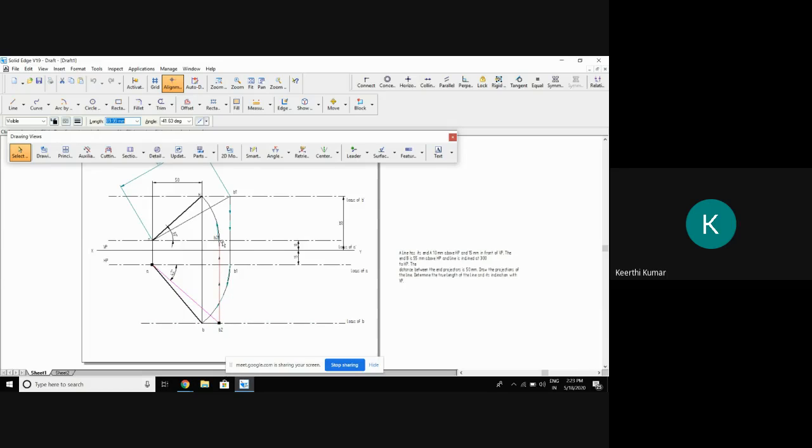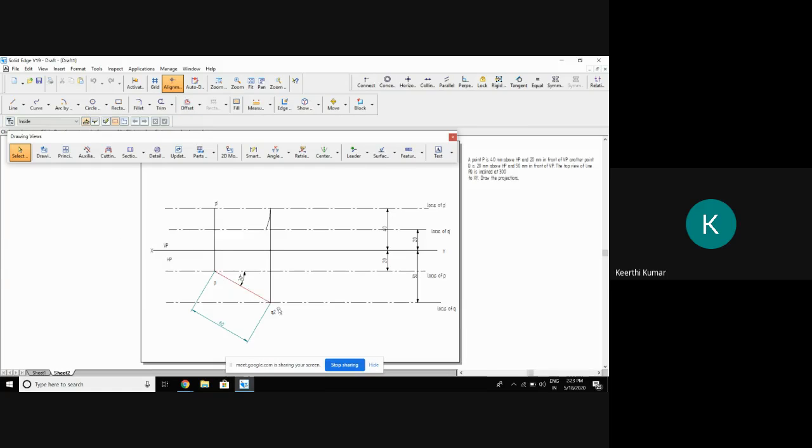I had taken the vertical line till the locus of A. Then I cut an arc until it reaches the locus of B. The point is B2, that is B. So here, in a similar way, from Q I'll draw the vertical line till it reaches the locus of P, and cut an arc till it reaches Q. If it is above, the problem will be the same as the previous one. Similarly, keeping this as center and radius, cutting an arc like this. Now the problem is the locus of Q is below, so instead of cutting an arc above, I came below.